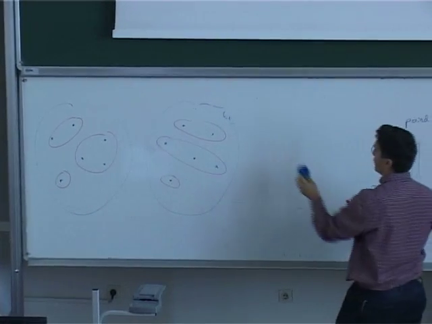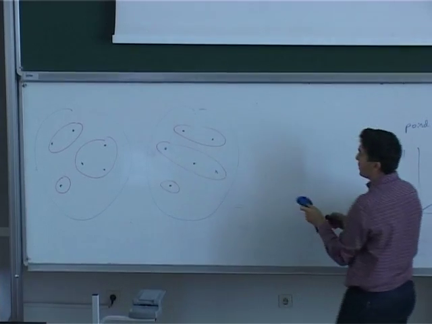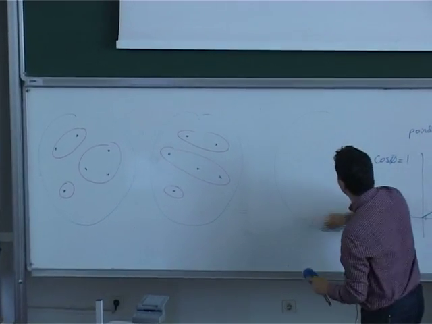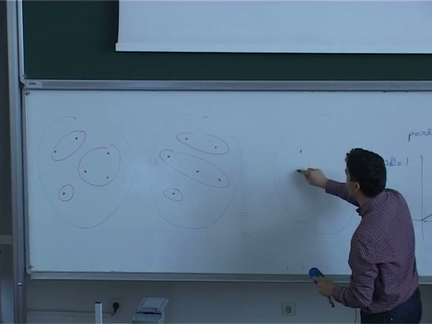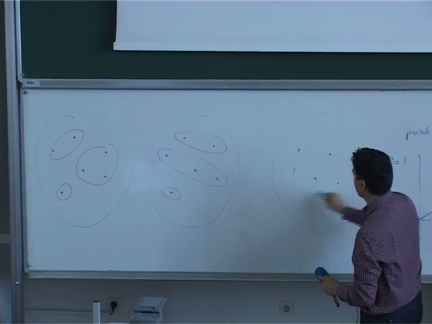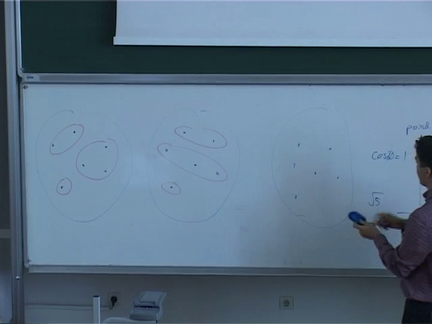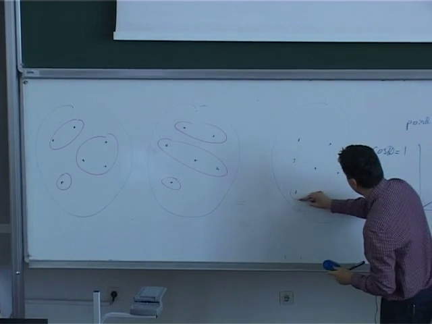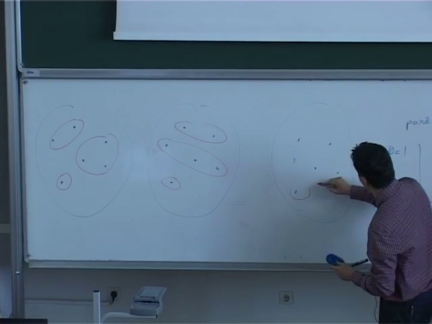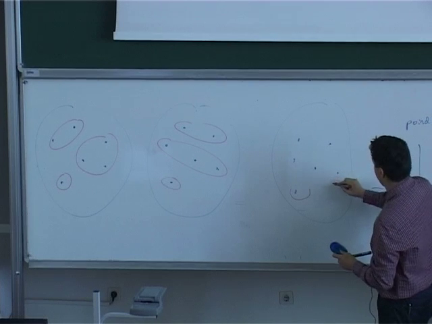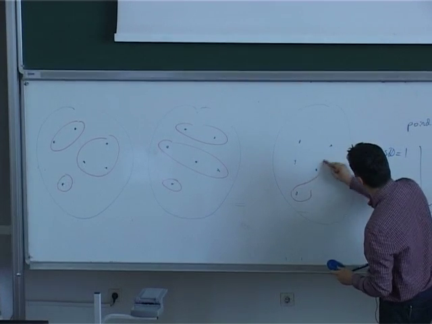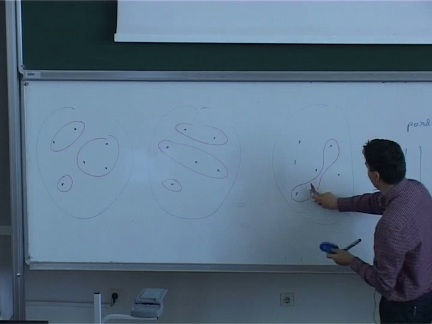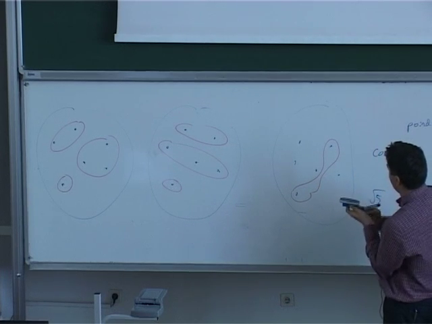Now, another clustering, which may use a very bad algorithm, may be something like this. Even if it is difficult to draw this.